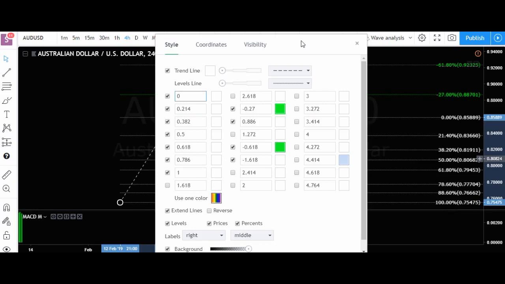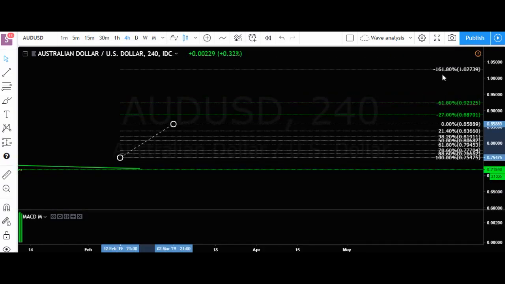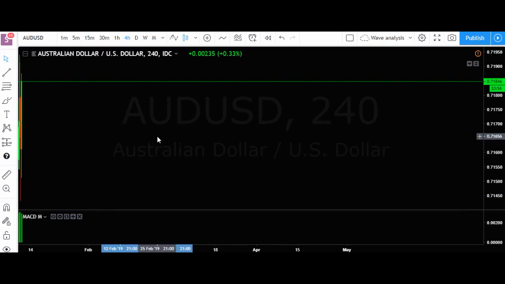For the extension, you can put in your minus 27% extension, and then also your 6180% extension, and sometimes you will get your 161% extension. So those are the levels that we will be using.